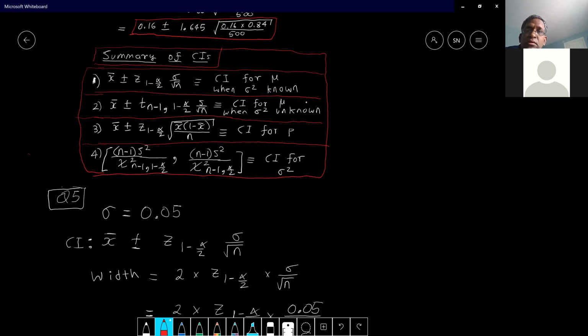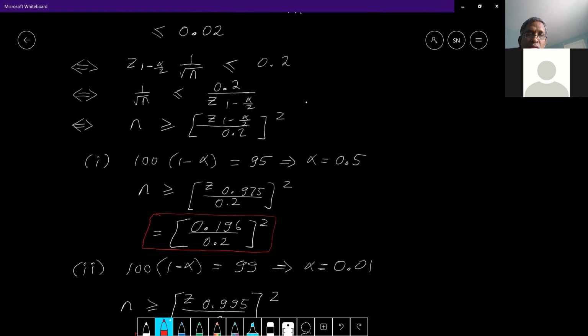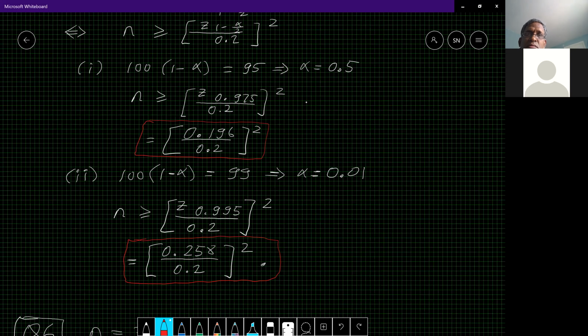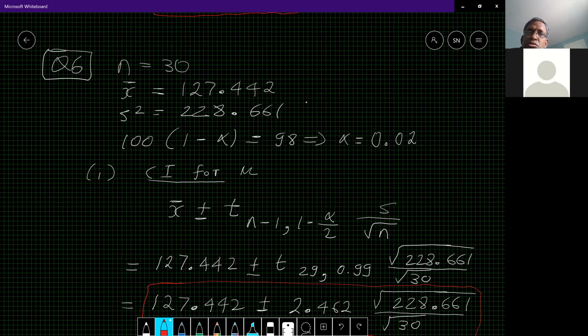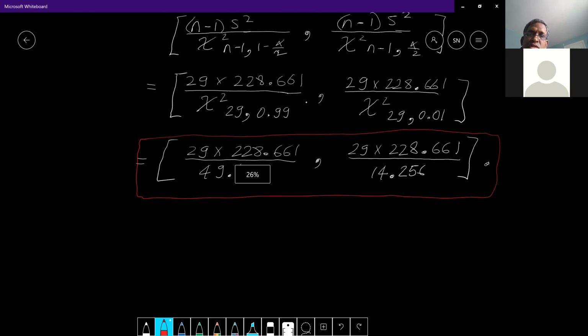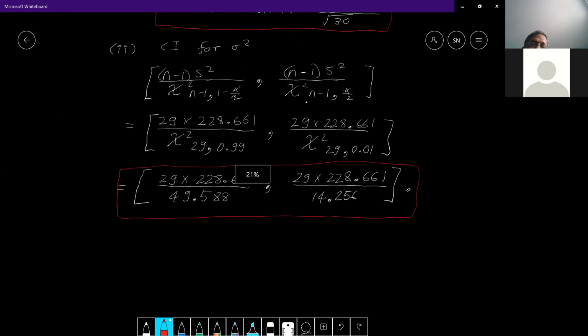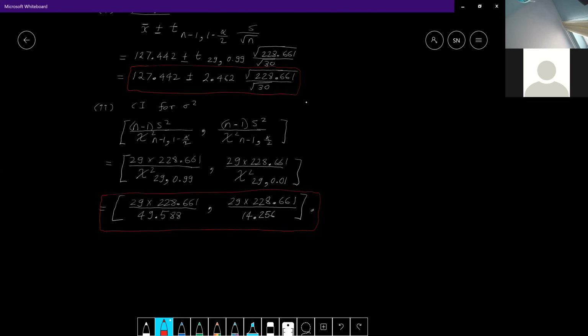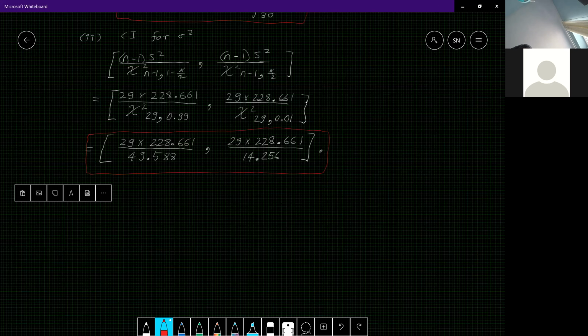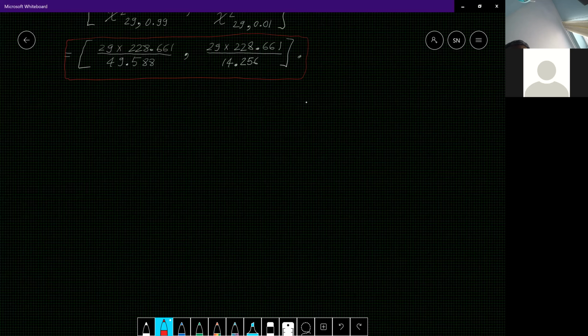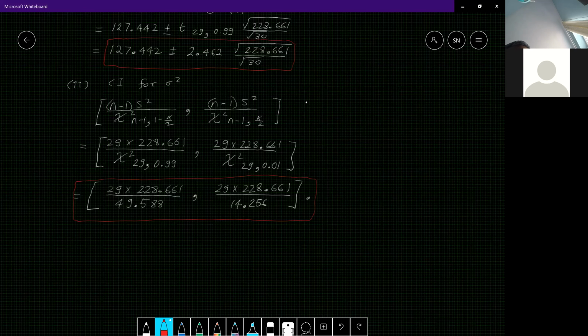All right, so the final question in example sheet 9 is question 7. Can you have a go at example 7 on example sheet 9?